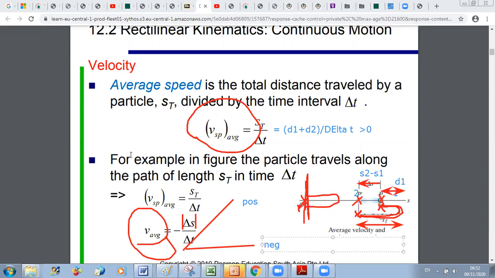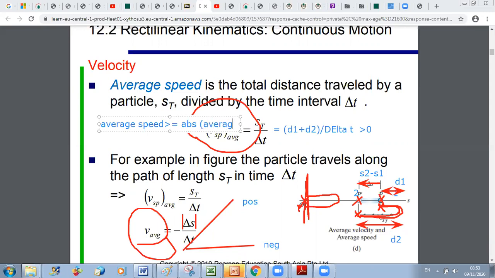Now, the second conclusion we can say is that the average speed is higher or equal to the absolute value of the average velocity.